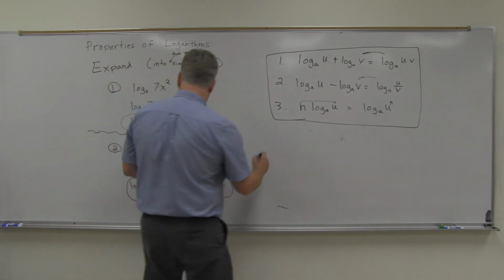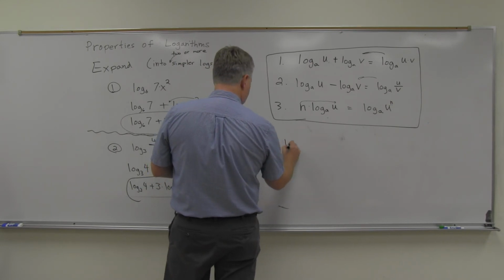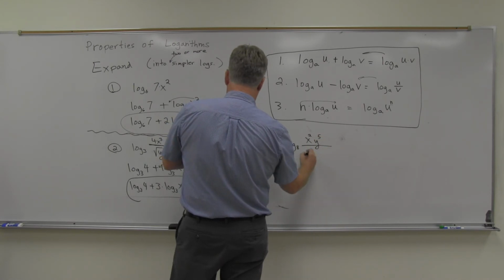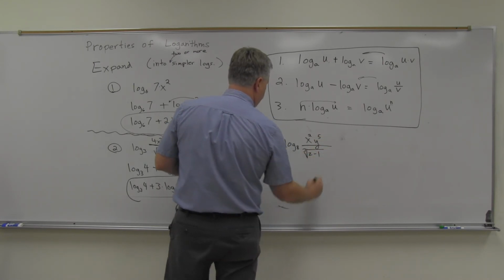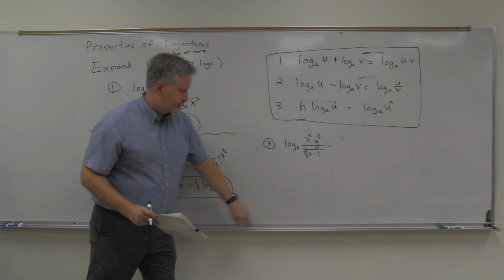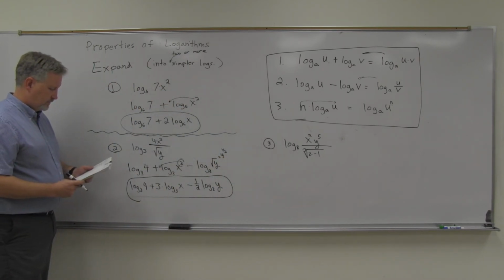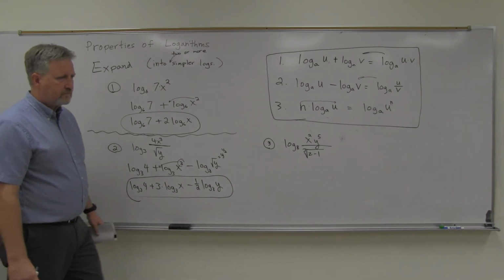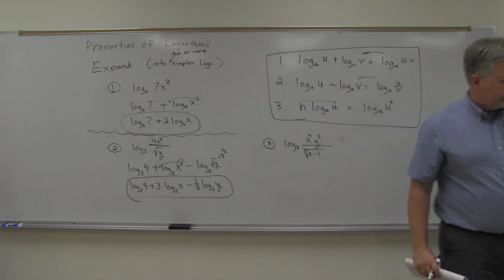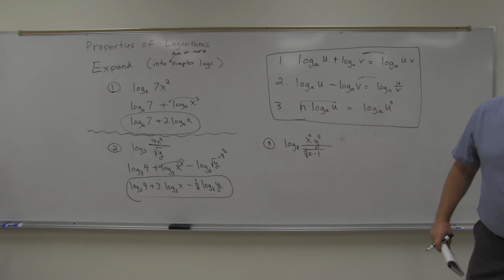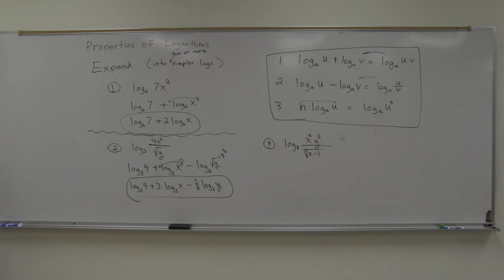One more, and it's similar to that one. Log base 8 of x squared y to the 5th divided by cube root of z minus 1. Yeah, so on that one, same deal, but it has one other component to it that I wanted to mention.